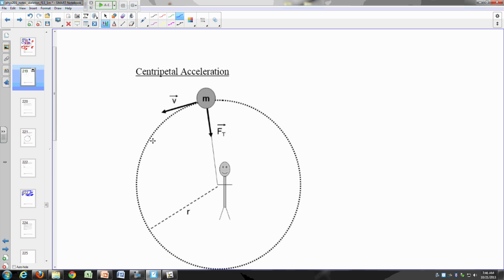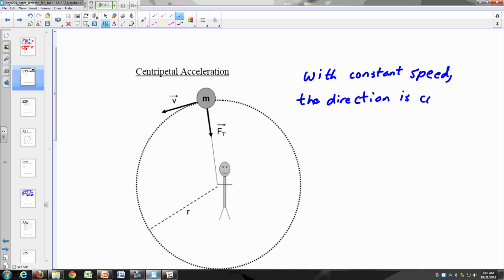So even with constant speed, the direction is always changing. It's constantly changing, so the acceleration is not zero.